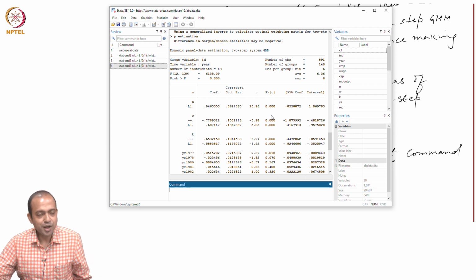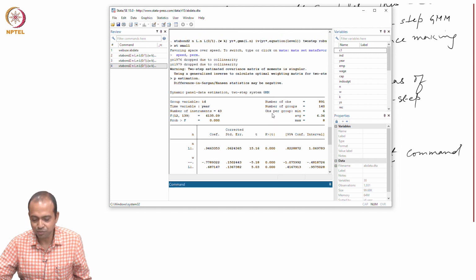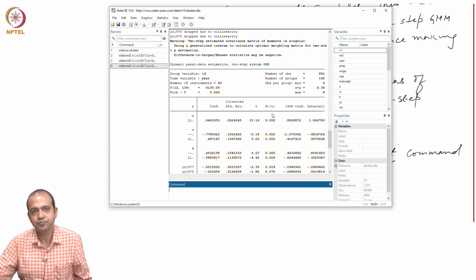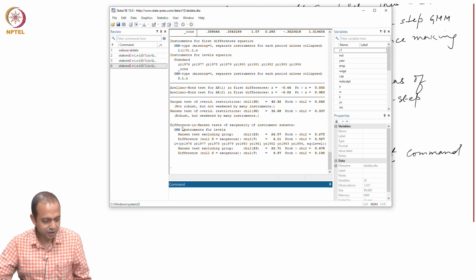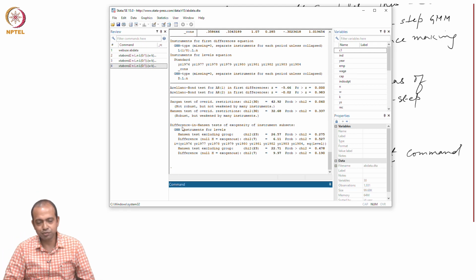So, whenever we are applying two-step GMM, we must put that robust command to correct for that bias, right. Now, we will apply the same model in the context of difference GMM, and then we will see what is happening, right.